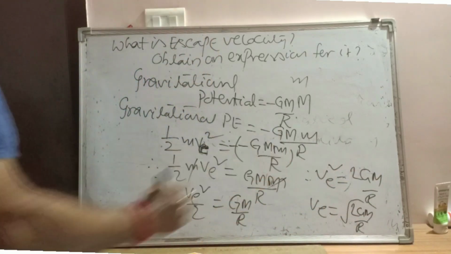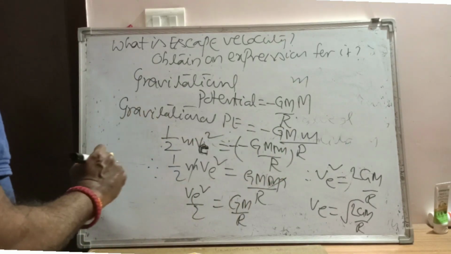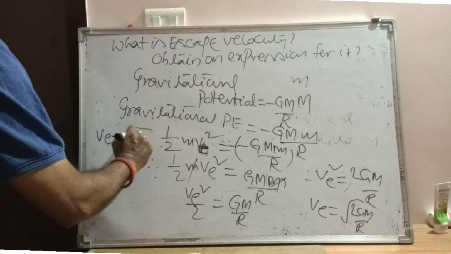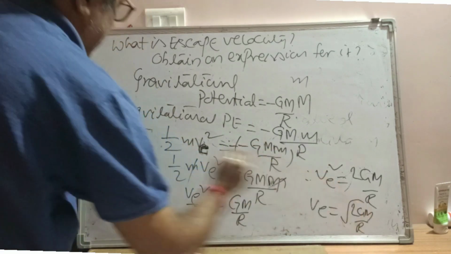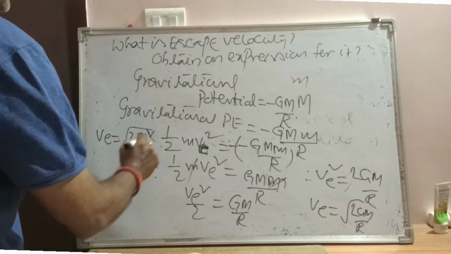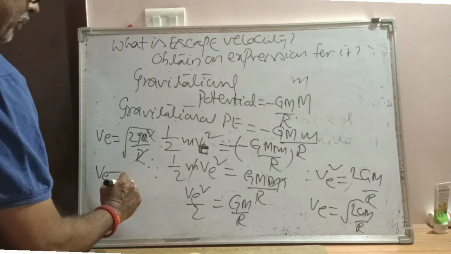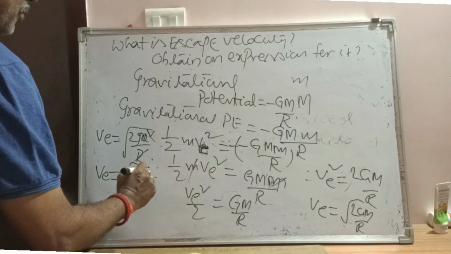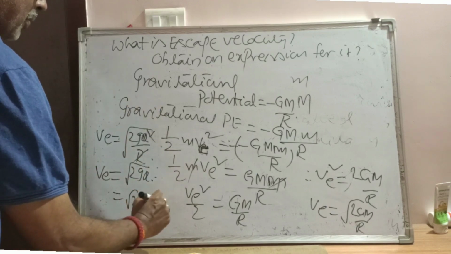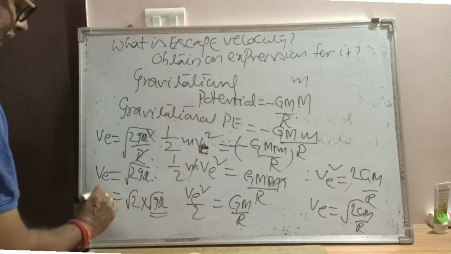But we know the relation between small g and capital G: small g is equal to G M by R square, so G M is equal to g R square. Therefore, Ve is equal to square root of 2 g R square by R. Once we remove R from numerator and denominator, escape velocity can be written as root of 2 g R, in other words, root 2 times root g R. So we know that root g R is the orbital velocity.